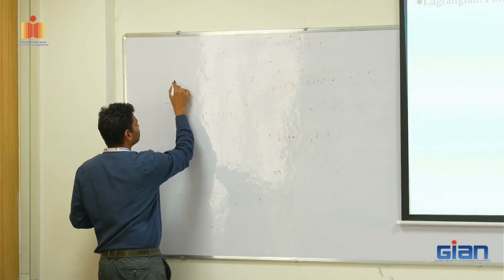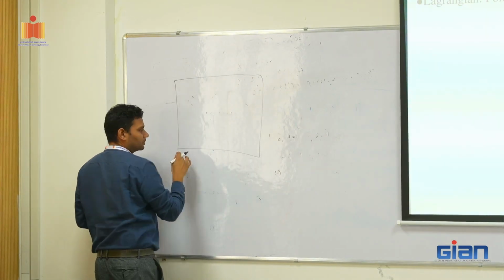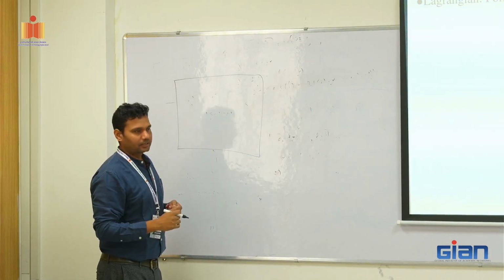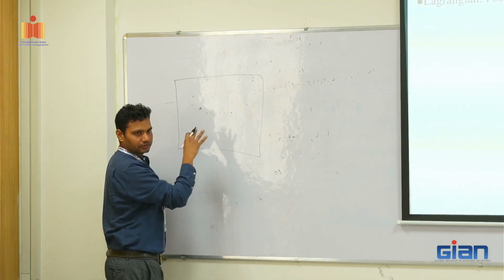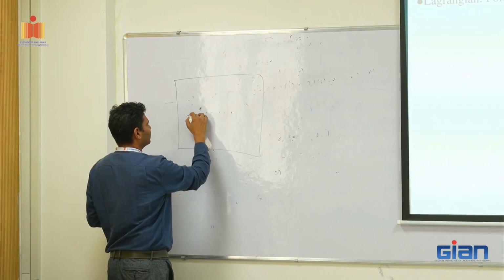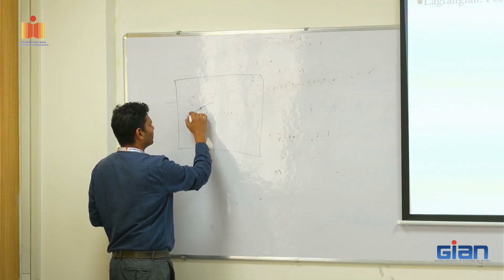Suppose this is the domain of interest where you want to understand what is happening, and suppose you are at a point, an observer, you sit there and do the measurement, meaning how the flow around it is moving.